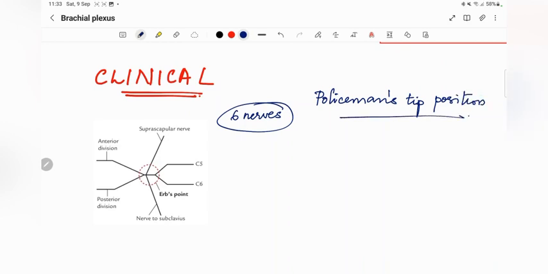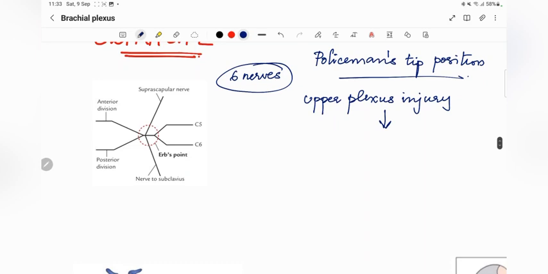This sort of deformity is formed when there is upper plexus injury, which leads to a lesion known as Erb's paralysis. Now let's see how this injury can happen.